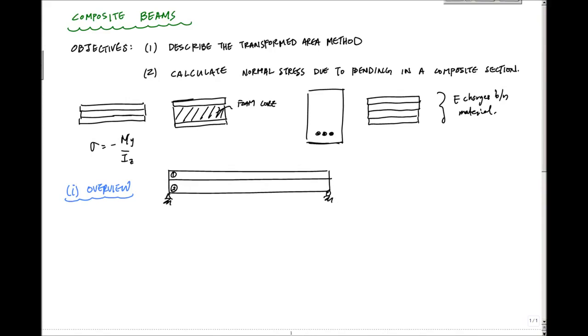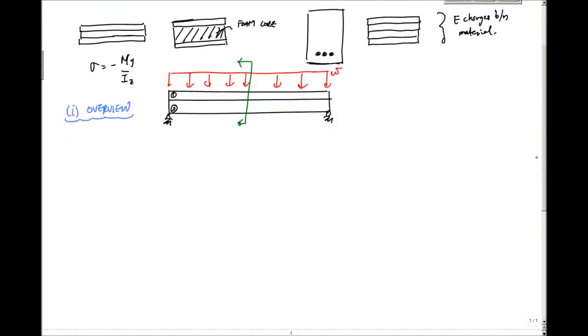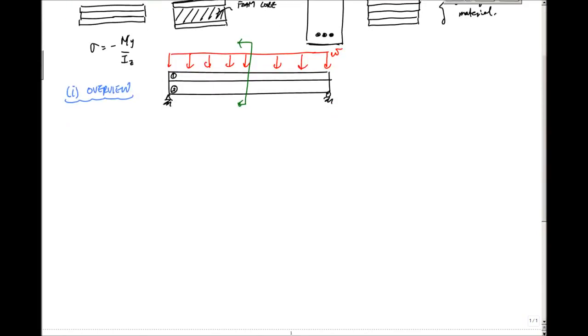It doesn't matter what the support is, and there's some sort of loading on it. It just happens that I draw a uniformly distributed load right here. But if I make a cut and look at the section, and draw this section in a little more detail, maybe this is what I see.